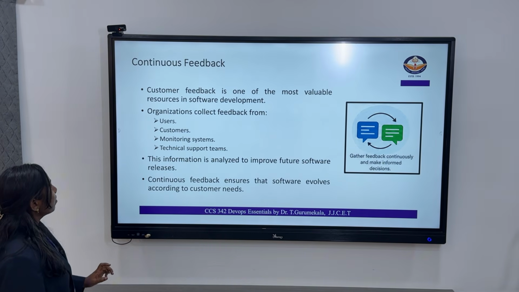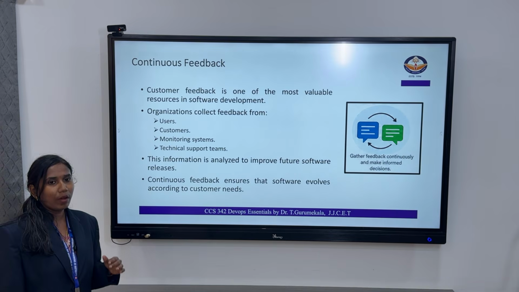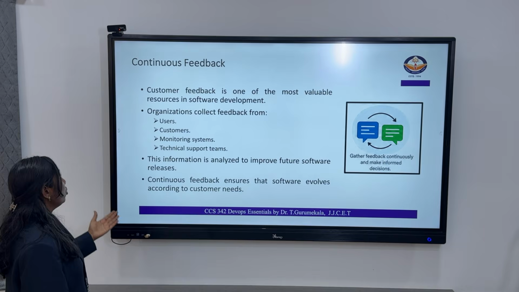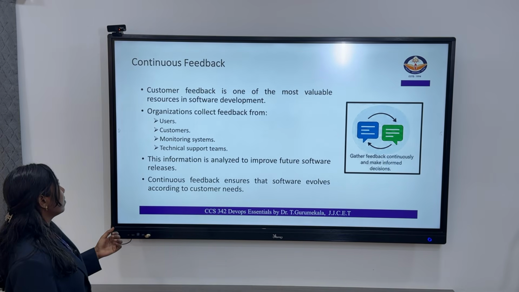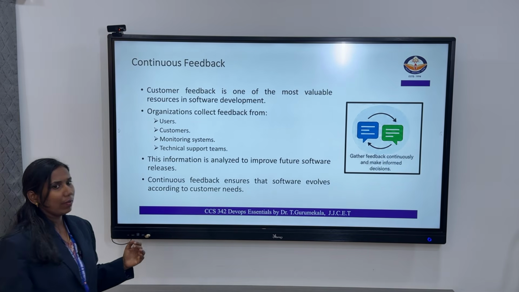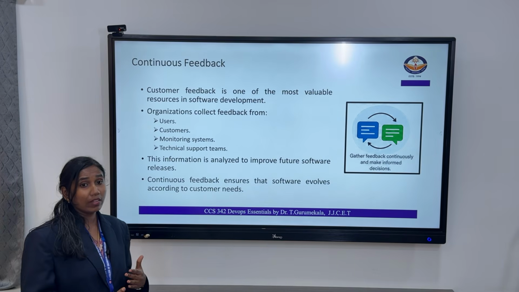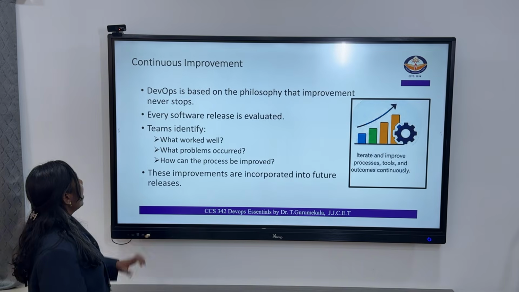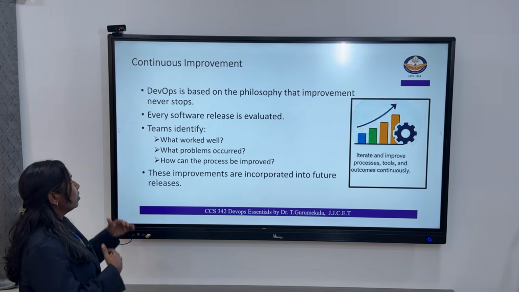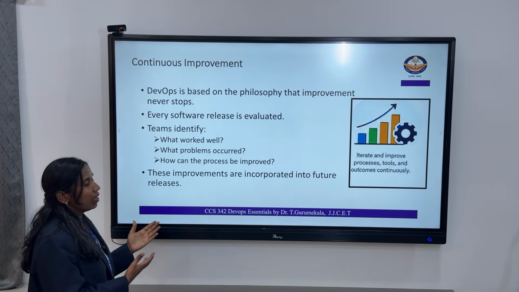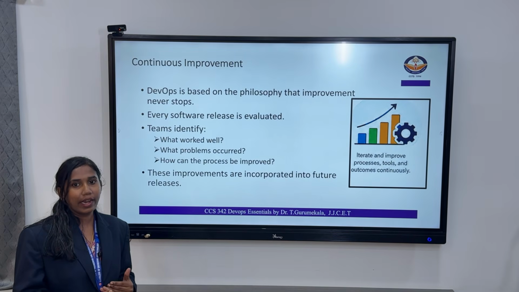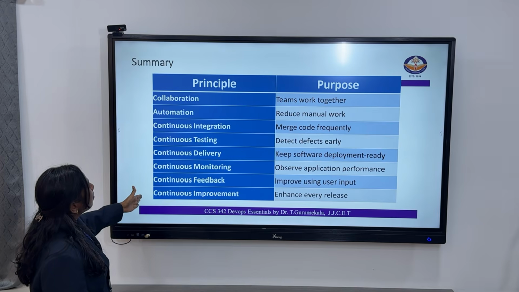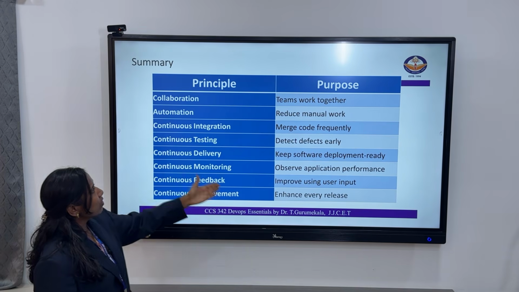And continuous feedback means the organization will start collecting feedback from various sources, such as users, customers, monitoring systems, and technical support teams, so that they may work on that feedback and move further with improvements. And continuous improvement is done with the help of the already collected feedback. These are the eight principles, and they lead to this purpose.